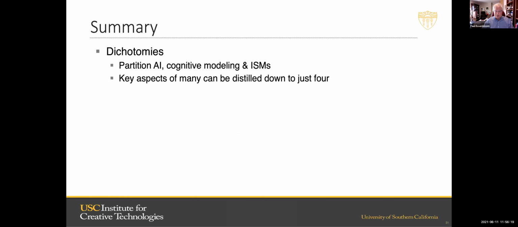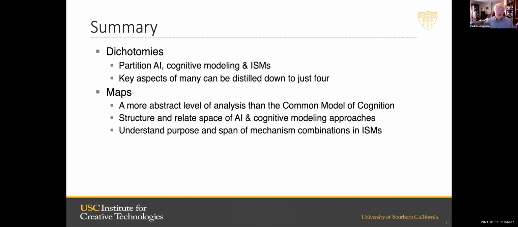So dichotomies partition AI, cognitive modeling, and cognitive architectures and other kinds of ISMs. Many of the key aspects can be distilled down to just four, though that does leave residuals that need to be looked at, as well as the fact there could be other additions to just these four involved.